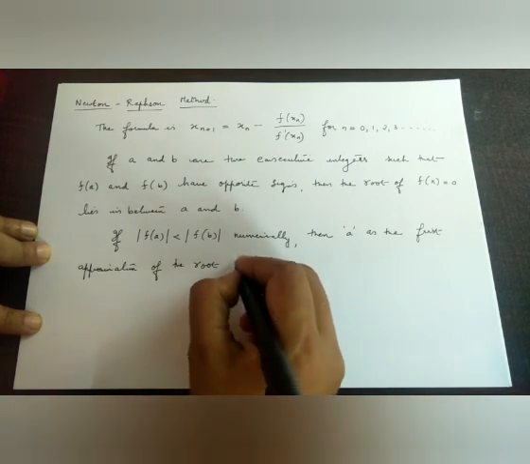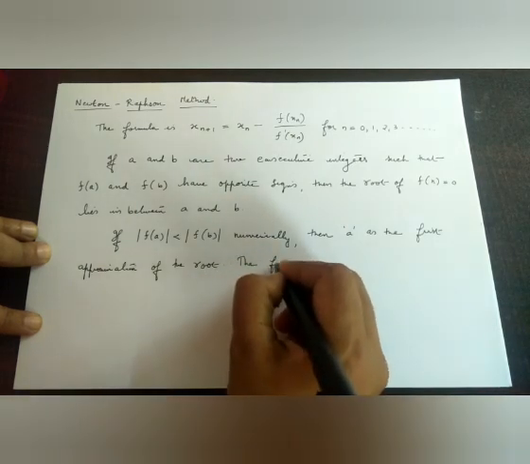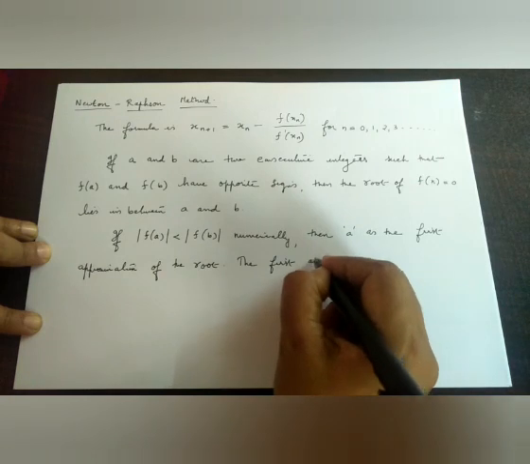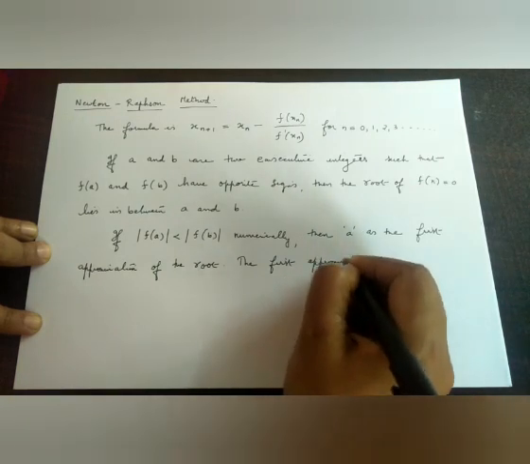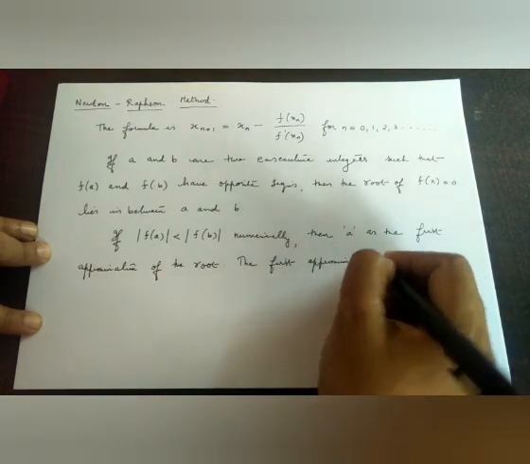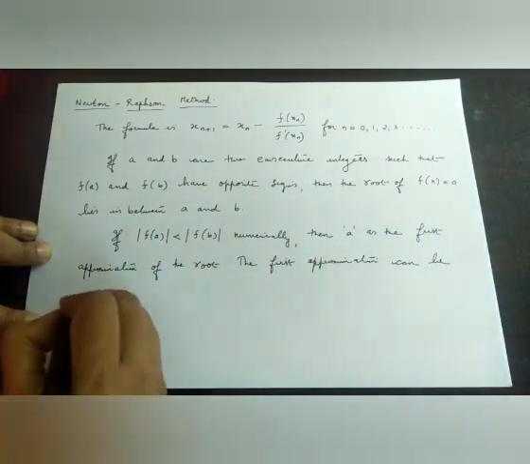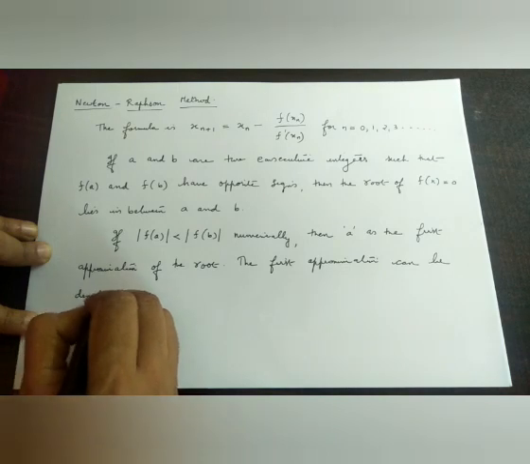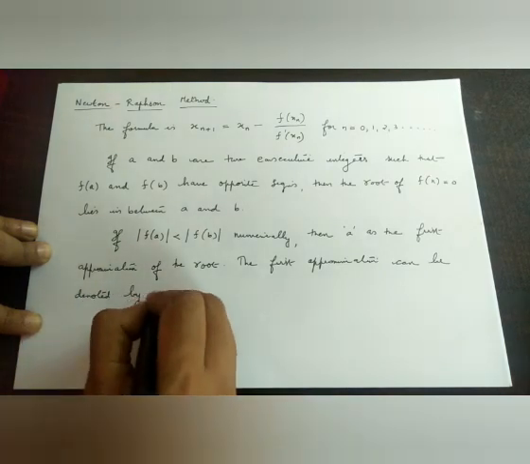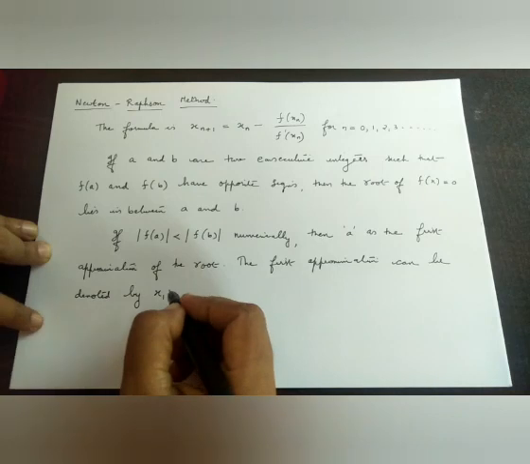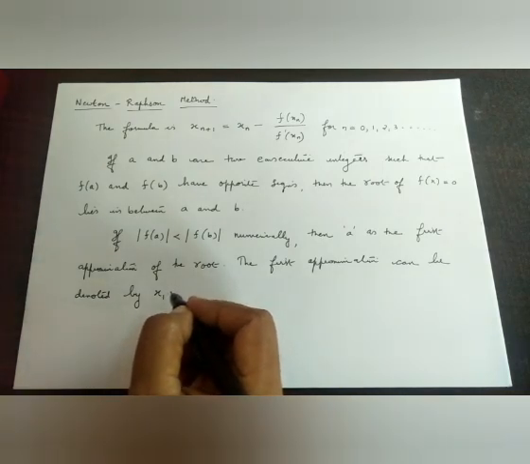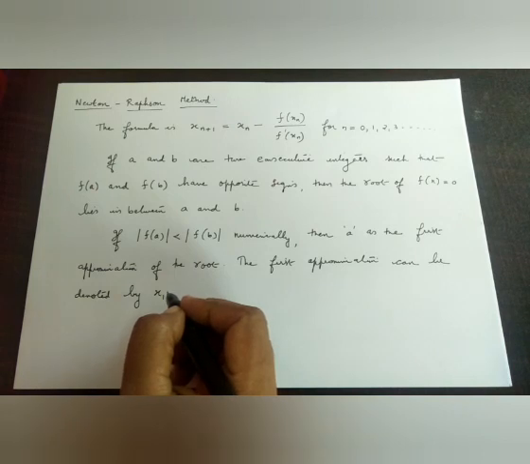The first approximation can be denoted by x1. If mod f(a) is less than mod f(b) numerically, then we will take a as the first approximation, and the first approximation can be denoted by x1.